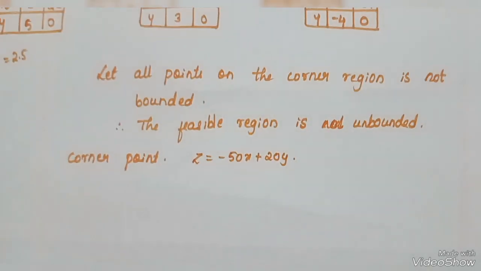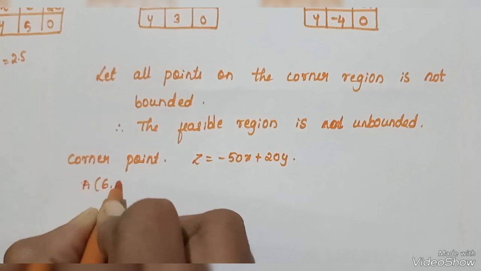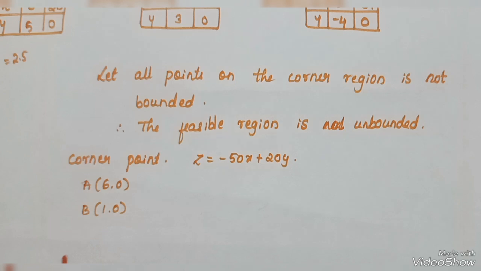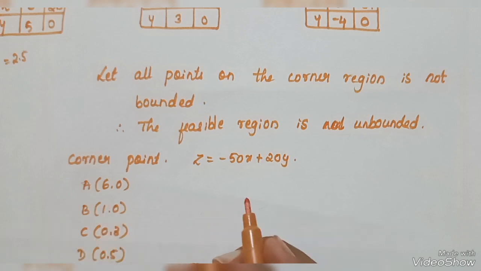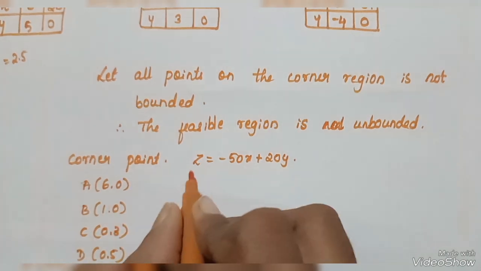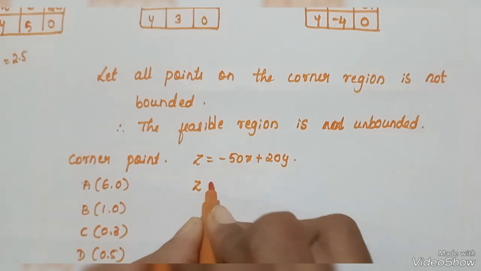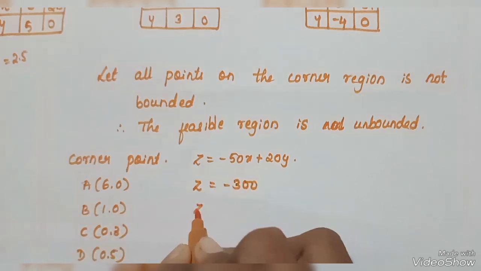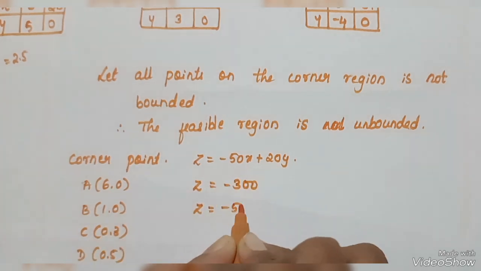Here we have to check the values. A is (6, 0), B is (1, 0), C is (0, 3), and D is (0, 5). We have to check the objective function. Put x equals 6, we get z equals minus 300. Again x equals 1, z equals minus 50.